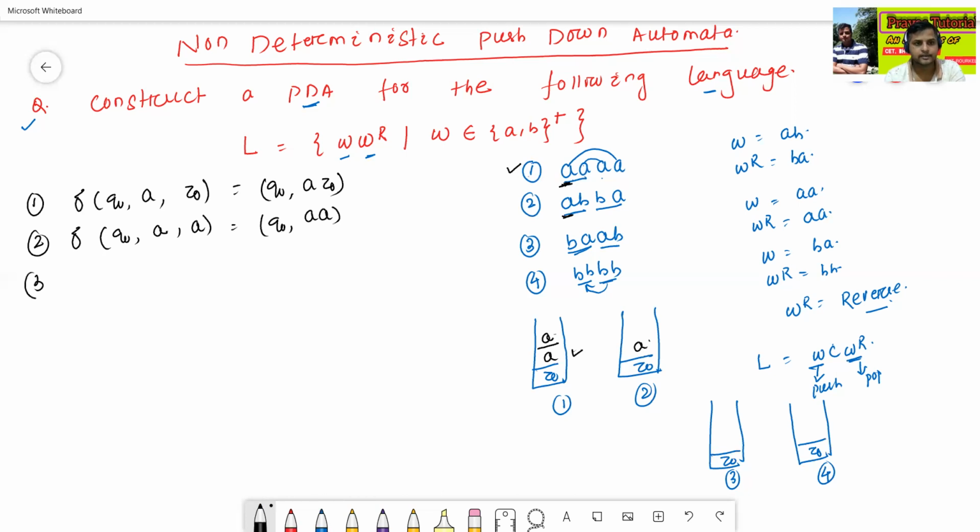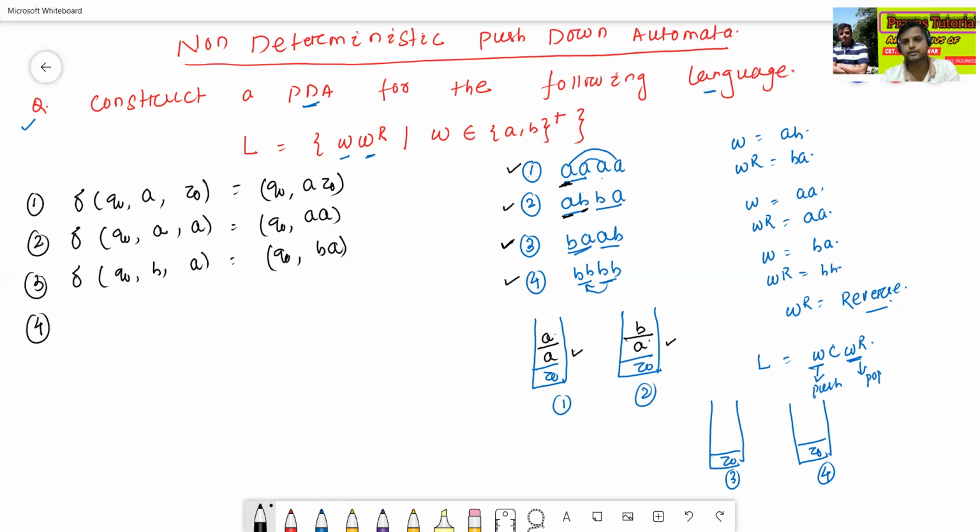Third, if B comes, B will push. So delta(Q0, B, A) gives Q0, BA. Right? So the first and second cases are over for the push operation. Now we'll consider the third and fourth cases.